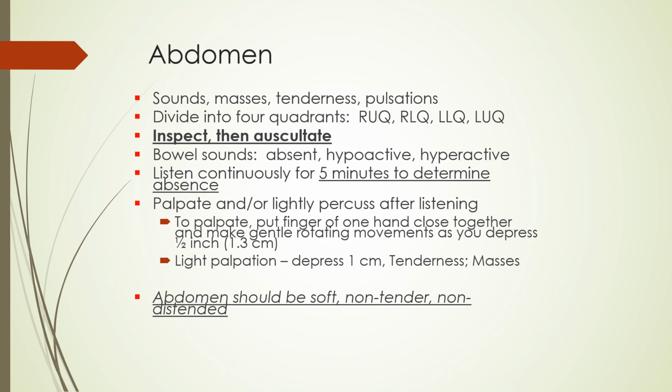Where the abdomen is divided into 4 quadrants: right upper quad, right lower quad, left lower quad, and left upper quad. We have to listen for bowel sounds. Bowel sounds should be normal. They should not be active, hyperactive, or hypoactive, and of course they shouldn't be absent.